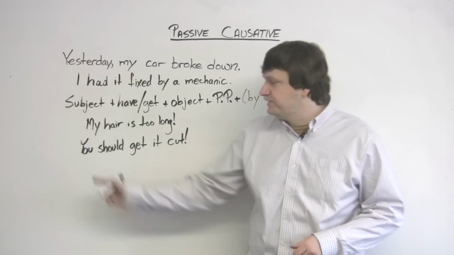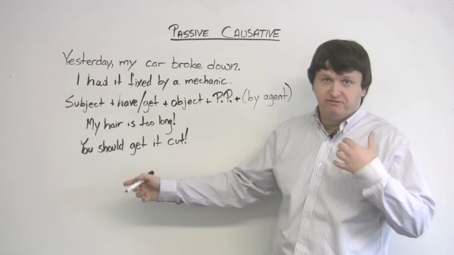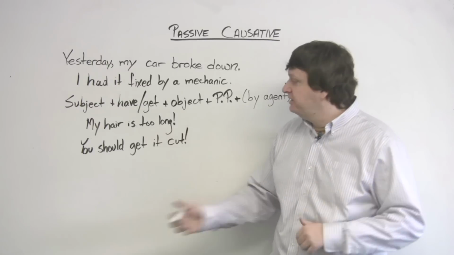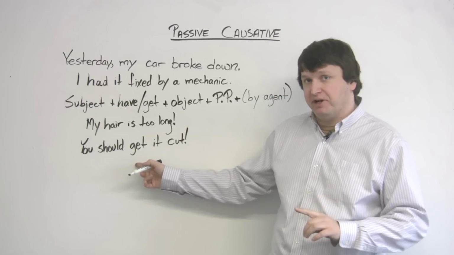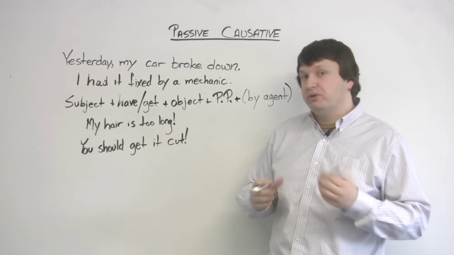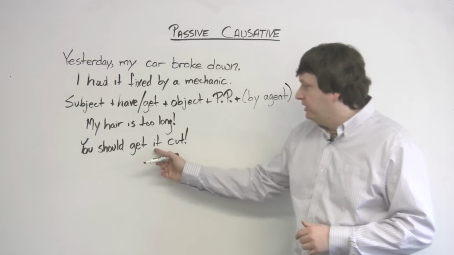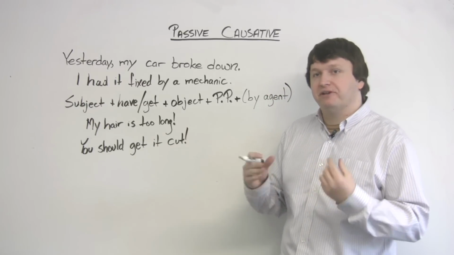So here we have the subject, which is myself. We have a modal to give me advice. You should, you might. We have get, and again, you can use have here as well. You can say you should have it cut, you should get it cut. There is no difference in meaning. We have the object, we're talking about my hair. Cut is the past participle of cut.